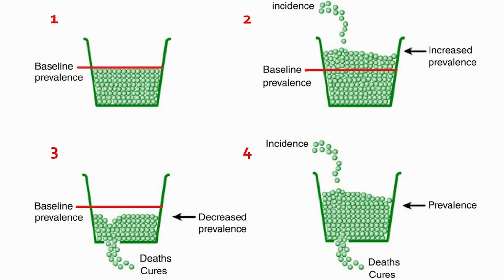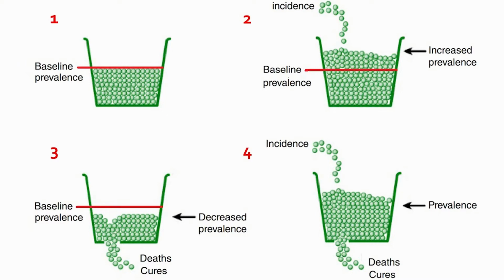And then if we follow through time, let's say, new cases will be added in. So new pebbles go into the bucket. So it means that the prevalence will start increasing. So we would add more in terms of incidence. So an increase in incidence would be accompanied by an increase in prevalence.